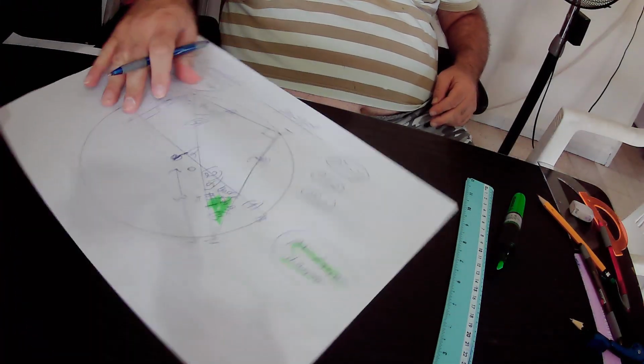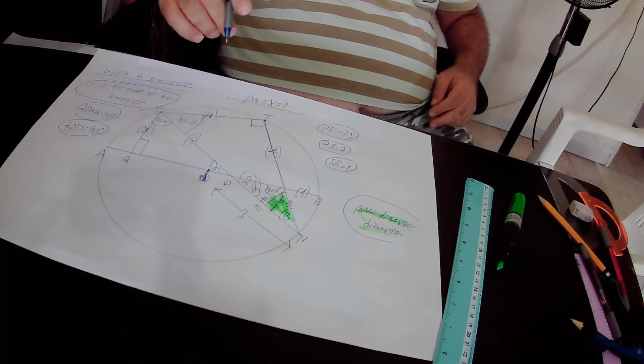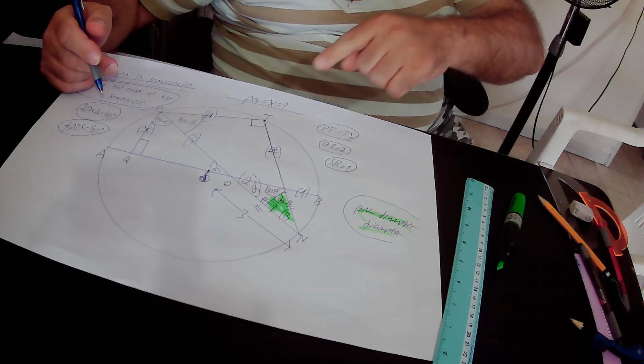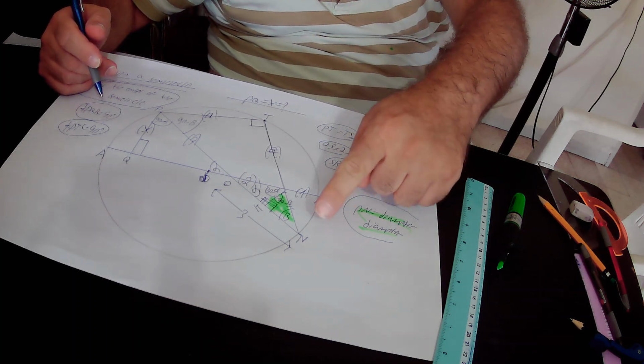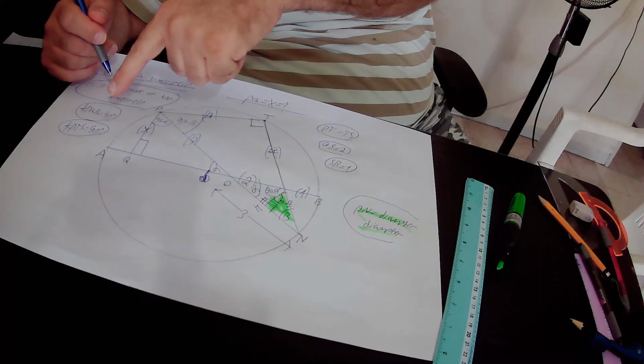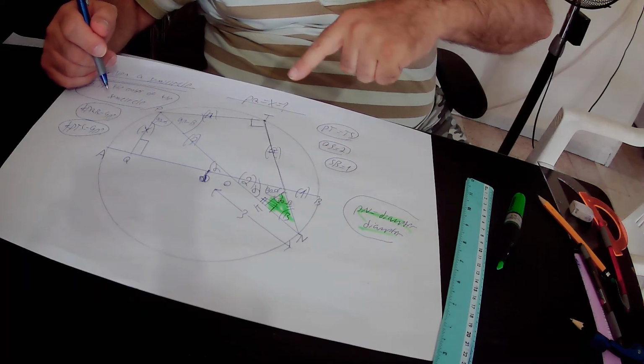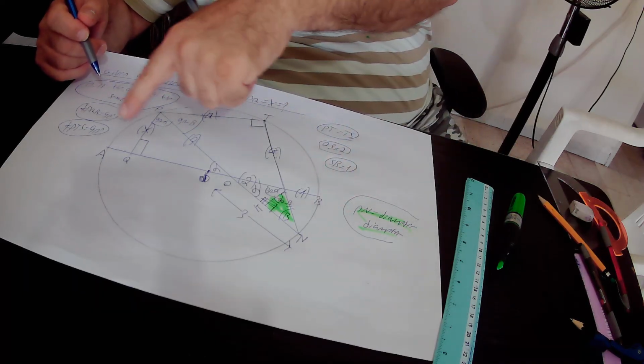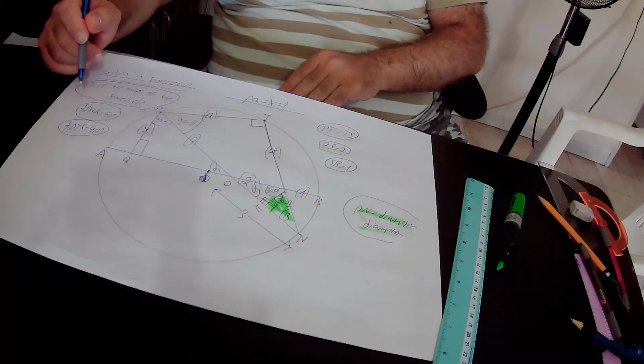Because in our drawing we have chord TN that intersects with chord AB at point S. So write it down.